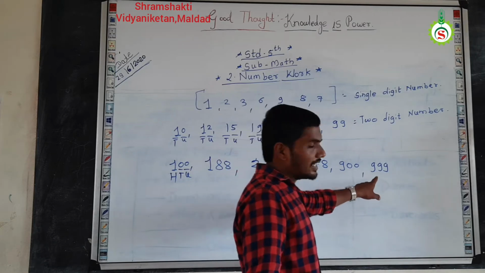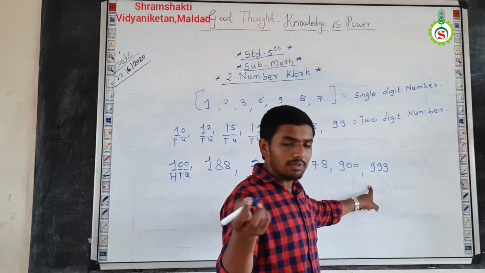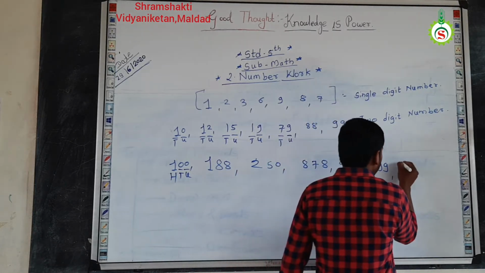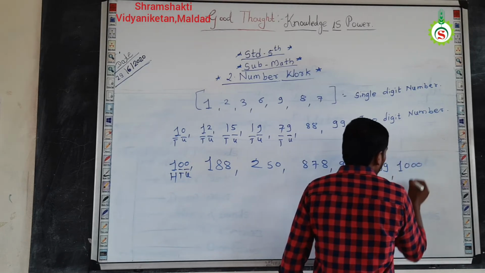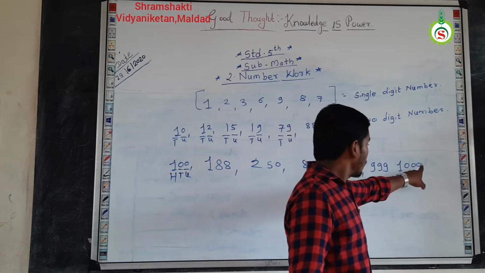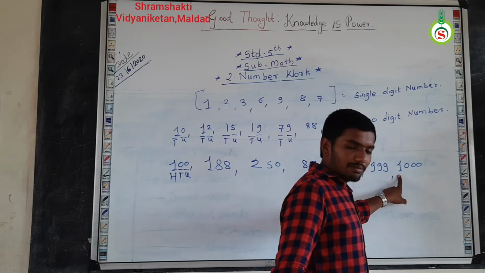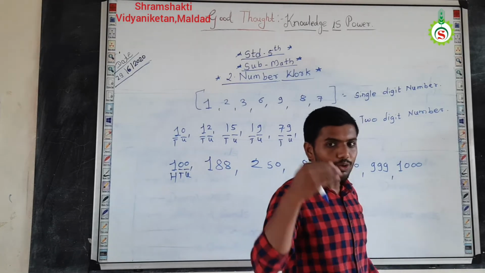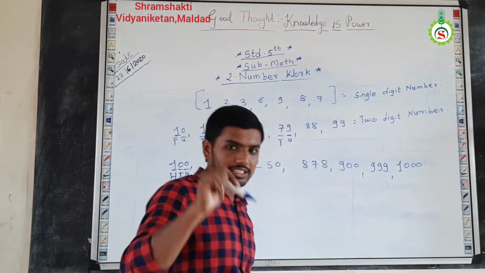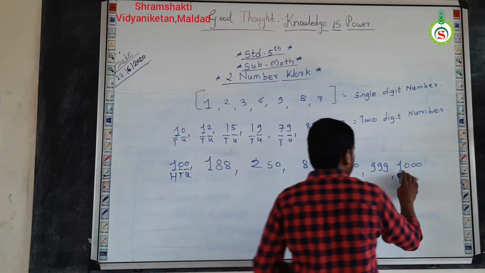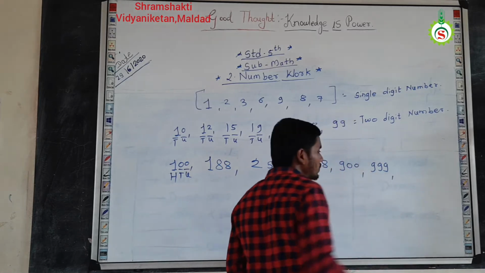After the 999, which number will come? 1000. But that 1000 contains how many digits? 1, 2, 3, 4. 4 digits it contains. That means from the 1000 we are counting the number as a 4 digit number. So we are not going to consider that 1000 as a 3 digit number.